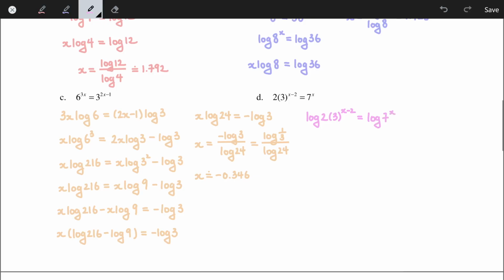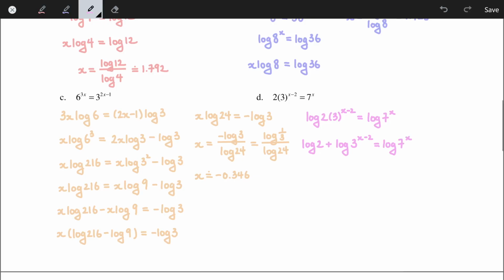So on the left-hand side, the argument is a product of two terms. We can then rewrite it as the sum of logarithms. So we have log 2 plus log 3 to the x minus 2. And the right-hand side, we have log 7x.